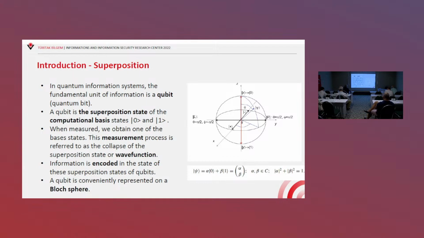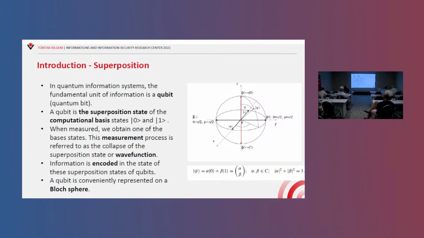So both quantum computation and quantum communication consist of manipulating this qubit using operations, gates on this qubit, and moving this qubit on the Bloch sphere. That's the whole idea behind quantum computation and quantum communication.